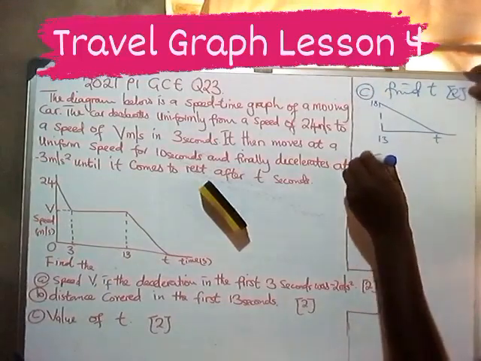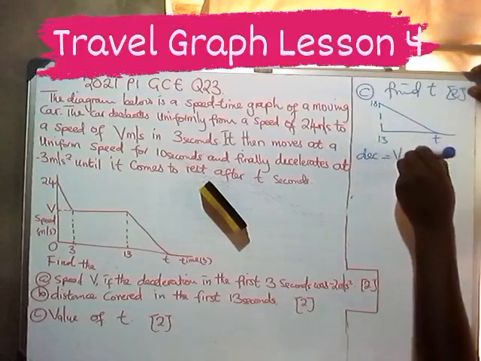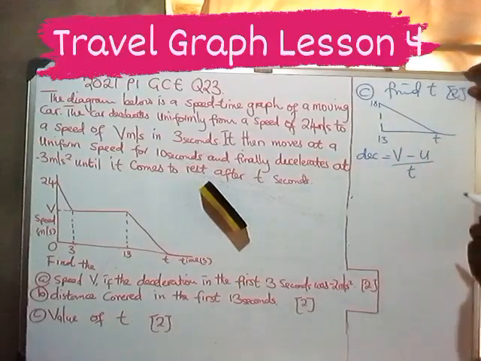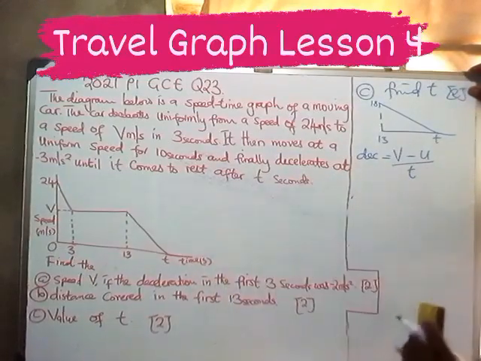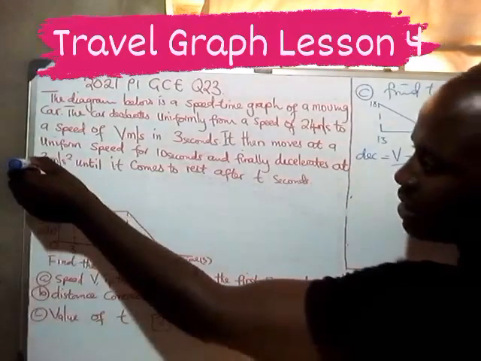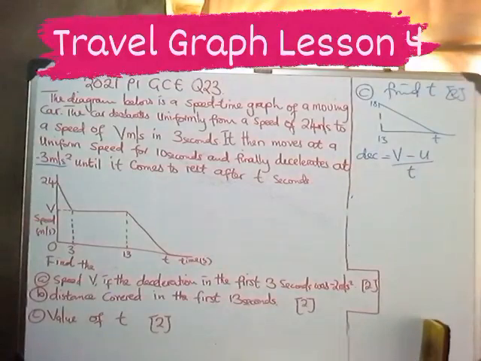So we are going to use the formula for deceleration, which is equal to final velocity minus initial velocity over time taken. What is our deceleration for the last t seconds? We have been told that the deceleration is -3 meters per second squared.